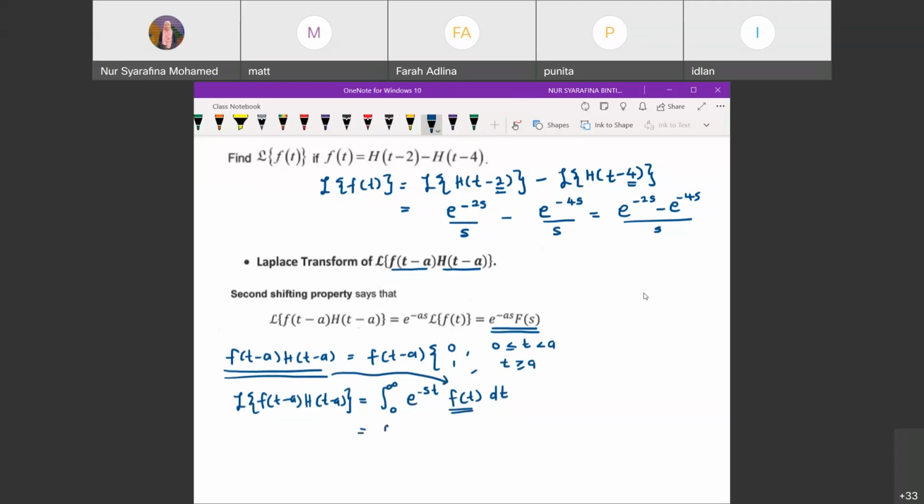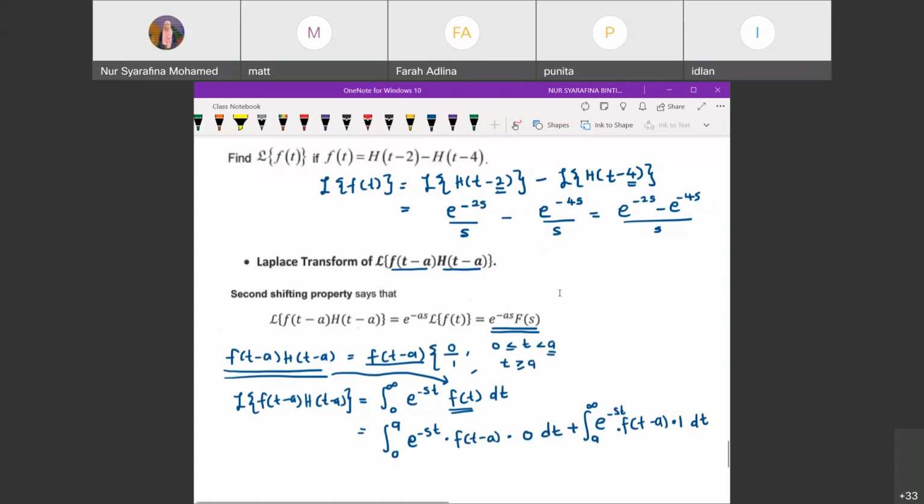So from here, you know that it starts from 0 to a, e to the negative st, f(t minus a) times 0, integrate with respect to t, plus the integral from a to infinity, e to the negative st, f(t minus a) times 1.